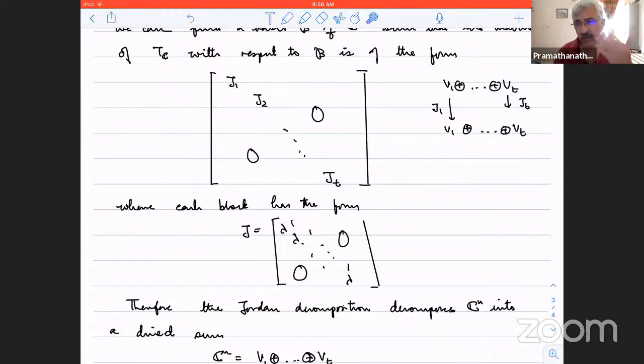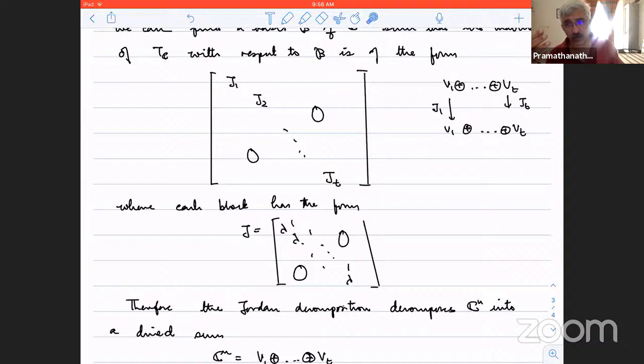Okay, I can tell you how this works actually. There's something called a minimal polynomial. Take the characteristic polynomial, and take what's called the minimal polynomial associated with it. Then you look at the breakup of the minimal polynomial, and you'll be able to find spaces called generalized eigenspaces. The V_i are not eigenspaces, they're generalized eigenspaces.